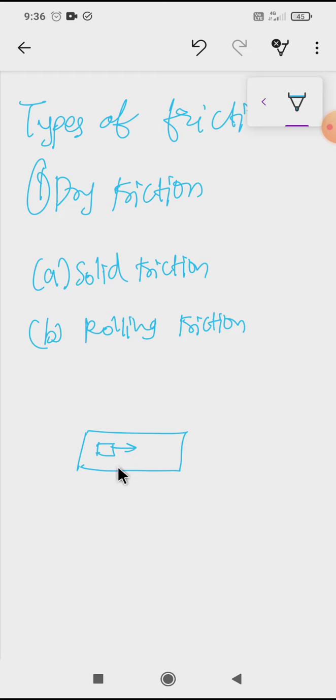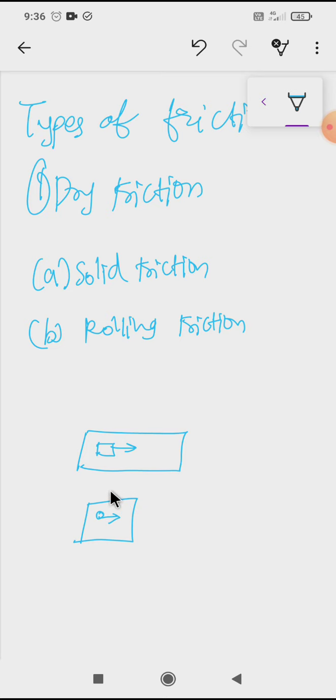Now the second is rolling friction. What is rolling friction? Friction due to rolling of one surface over another is called rolling friction. For example, when you write on a piece of paper with your pen, the pen has a ball inside it. That ball moves over the paper via rolling.